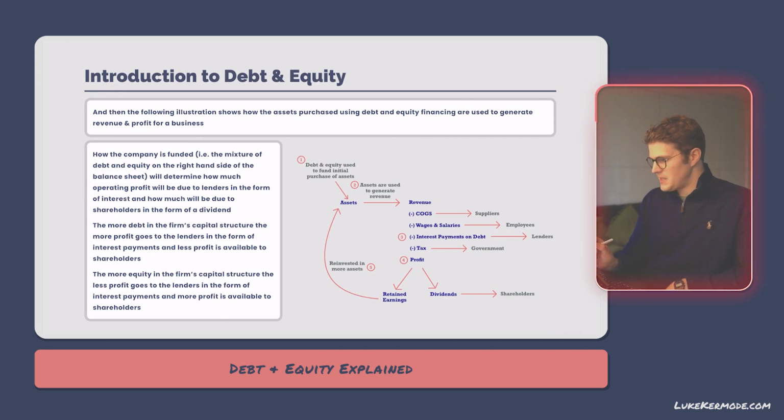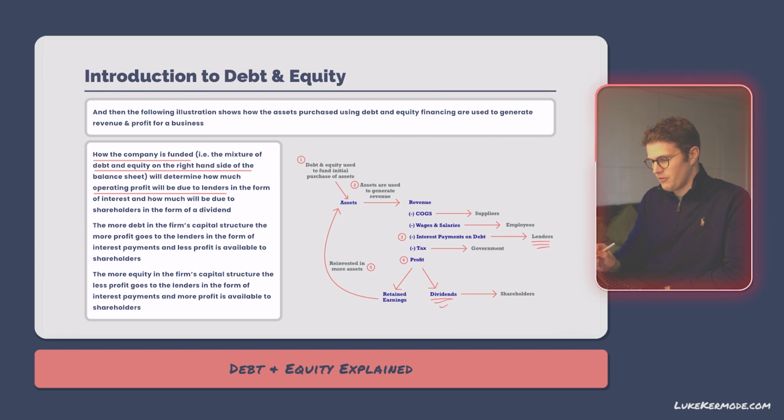And one thing to notice is that how the company is funded, i.e. the mixture of debt and equity on the right hand side of the balance sheet, will determine how much operating profit is due to the lenders in the form of interest, and how much will be due to shareholders in the form of dividends.